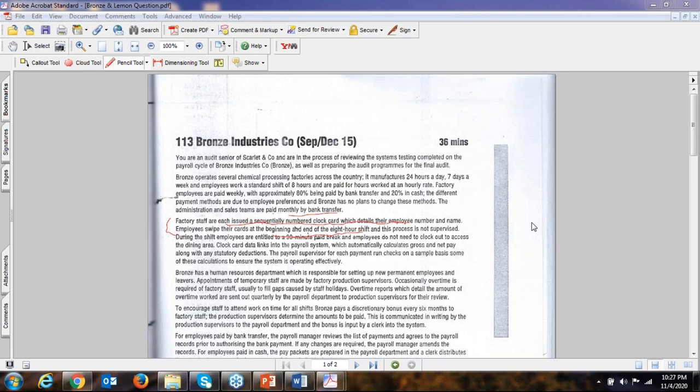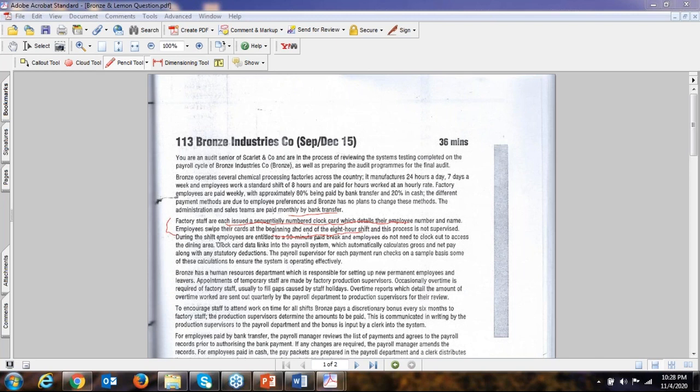So this is the right advantage. Another good advantage is that no bogus employee can enter the payroll system. Okay, so this is the first key control which is placed by the management.